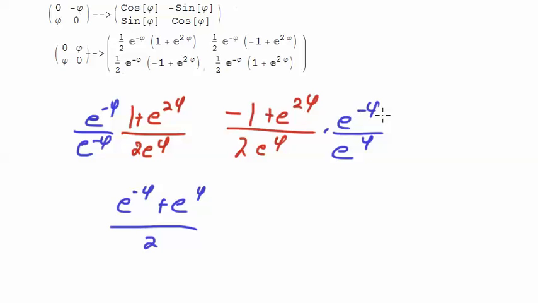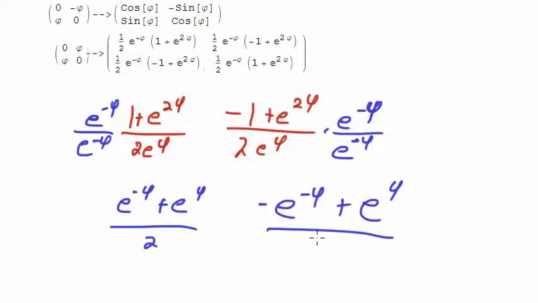This one is negative 1 times e to the negative phi. Okay, it's just written wrong. It's negative e to the negative phi plus e to the 2 phi times e to the negative phi. You subtract the exponents and you get e to the phi, divided by 2. There's supposed to be a negative sign there.